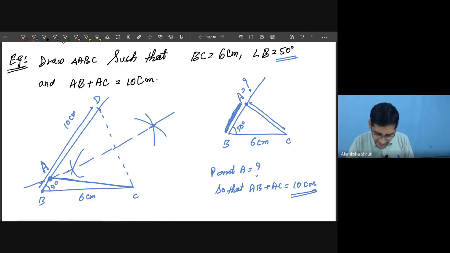Since it is the bisector, triangle CAD becomes an isosceles triangle, so the two sides AC and AD are equal. Therefore whether you take BA plus AD or BA plus AC, that will give you the same result, 10 centimeter. This once again I will explain tomorrow.